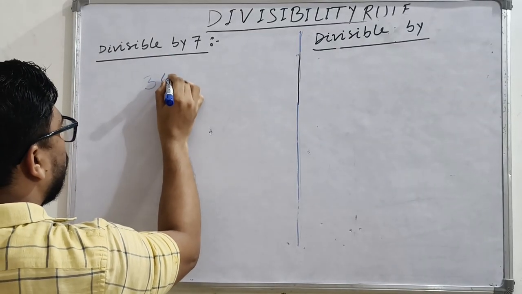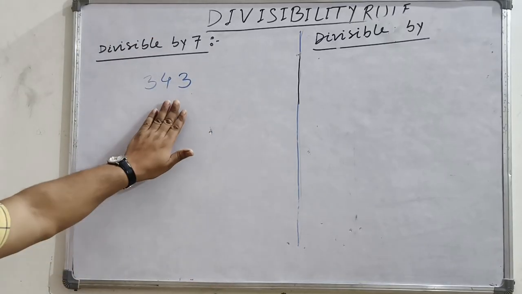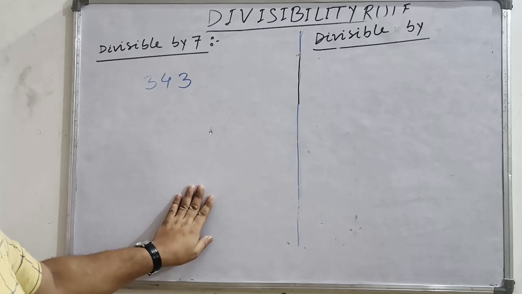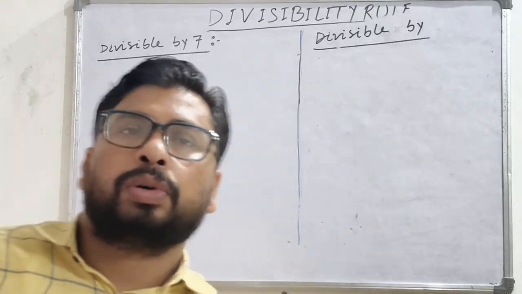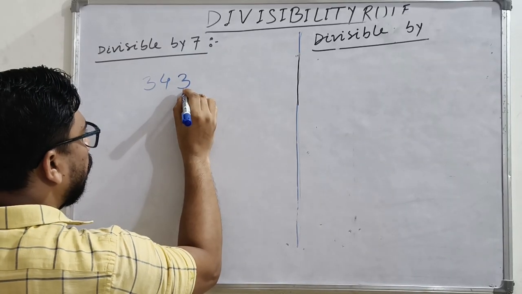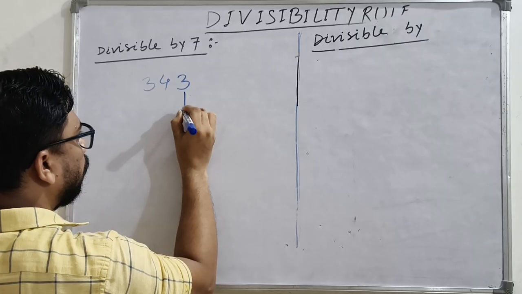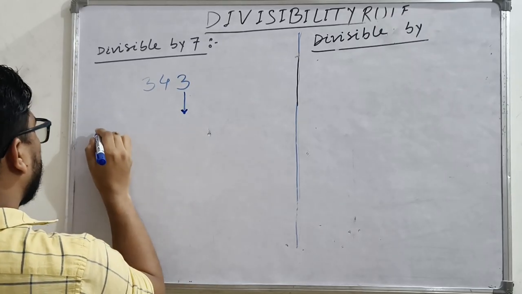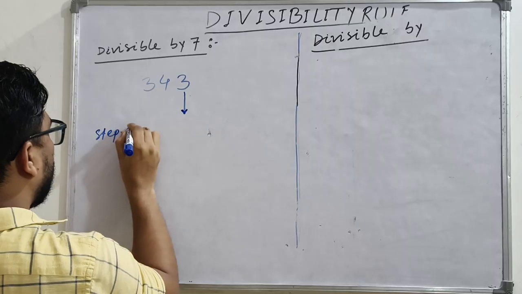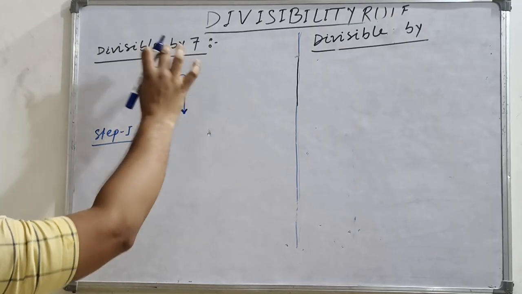Suppose 343. I have to check whether this number is divisible by 7 or not. Now the first step is to double the unit digit. Step 1, double the unit digit.